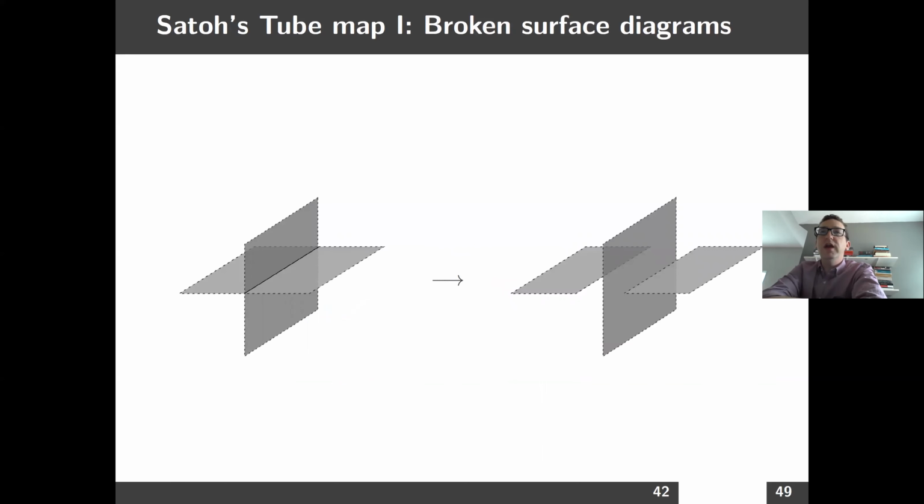Okay, so the second ingredient is Satoh's tube map. What does the tube map do? First of all, let's recall the idea of a broken surface diagram. If I have a knot in S^4, I can draw it as an immersed surface in R^3. Along each double line, I draw it as a broken surface diagram by breaking along the lower coordinate.